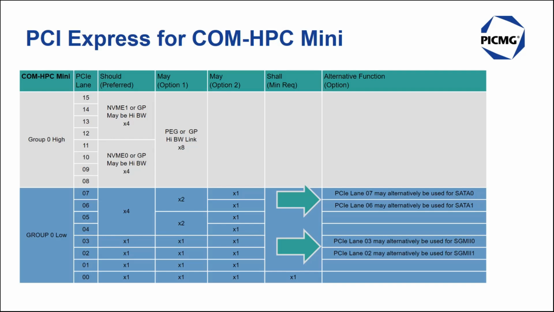As mentioned, these alternative functions are module dependent. Whether SATA or SGMII is supported in the COM-HPC Mini module you have chosen, please refer to the manufacturer's datasheet or ask the manufacturer directly. See the Carrier Design Guide for examples of PCI Express, SATA and SGMII.